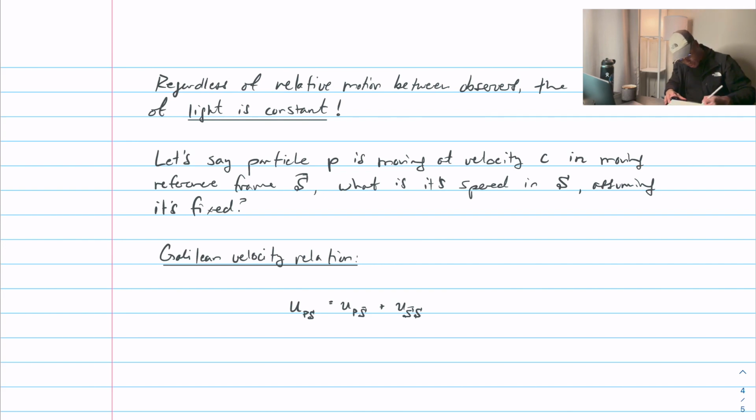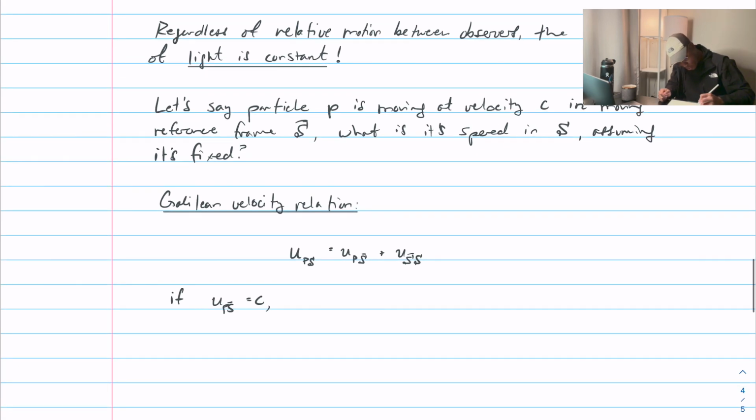So that is how I have to account for the full velocity. But if u prime is equal to C, then by Einstein's comment, regardless of relative motion between observers, the speed of light is constant, then we'd have to see this.